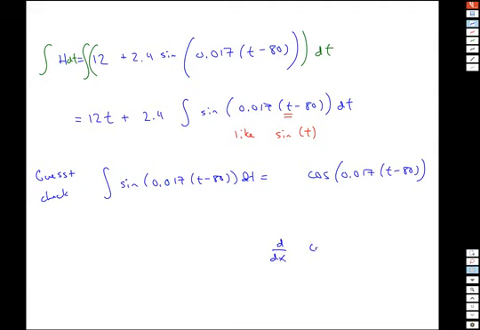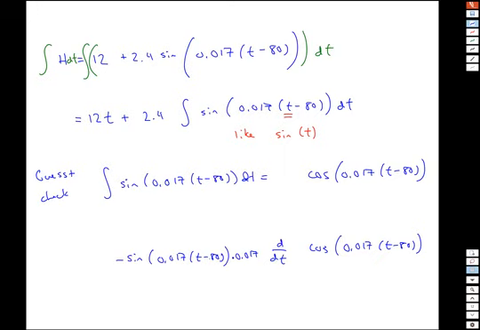Well, we differentiate what we have and see how close we get. If we differentiate with respect to t, we differentiate cos, we get negative sine of the same thing again. And then we also get a multiplication of 0.017.